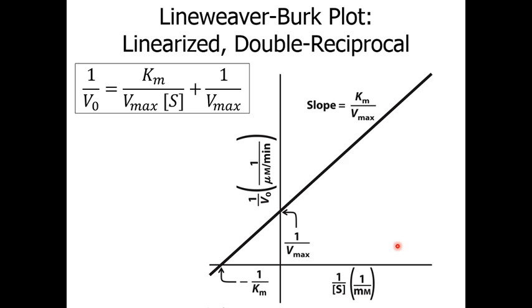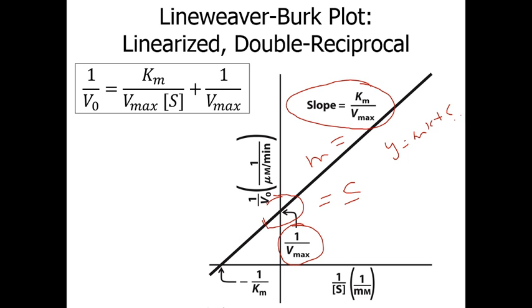The way you get Vmax and Km is by looking at the y-intercept. As you can see, this is c, right? y equal mx plus c. c is 1 over Vmax, and the slope, or m, is equal to Km divided by Vmax. And the intercept at the x-axis is given by minus 1 over Km.